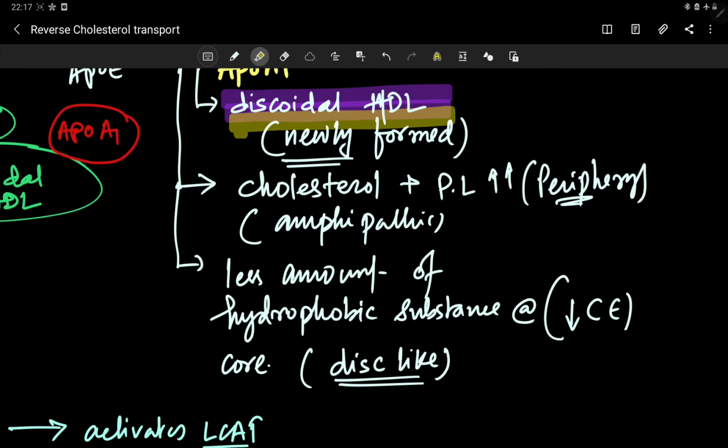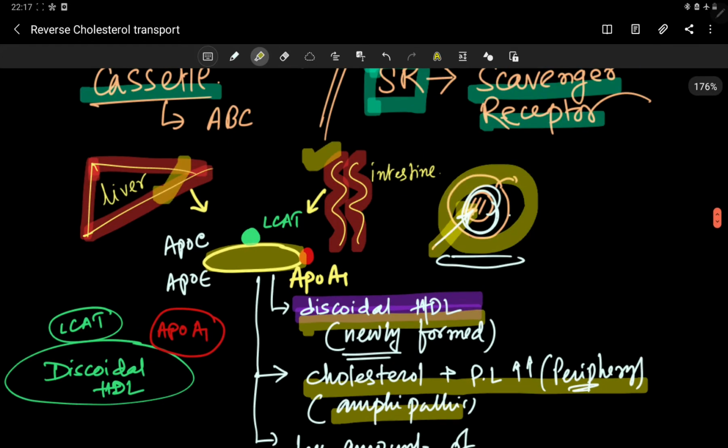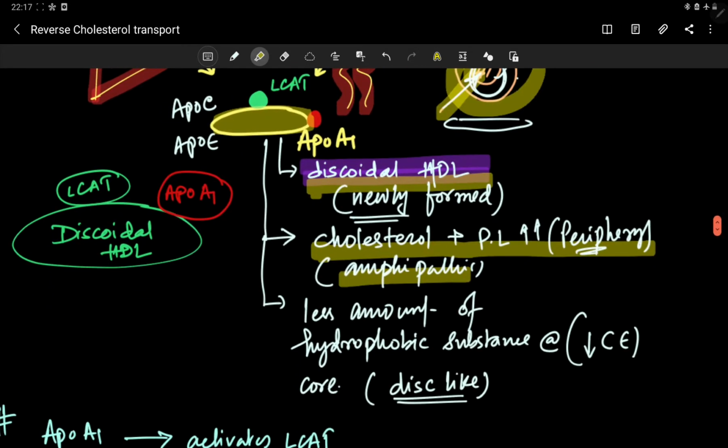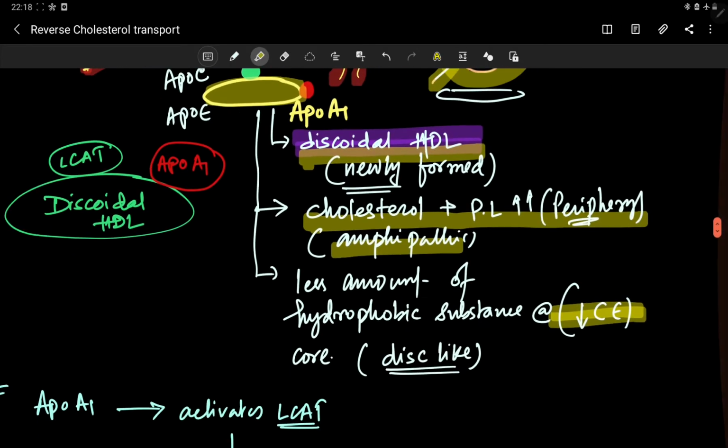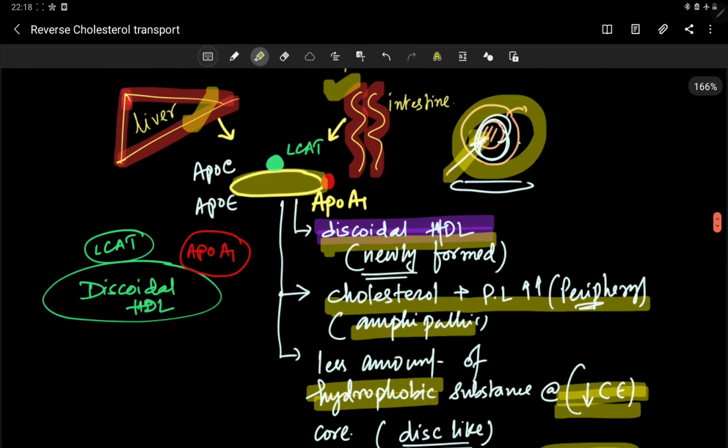So these things I already told, that the cholesterol and the phospholipid are towards the periphery, and the cholesterol ester, a hydrophobic substance, is towards the core. Since there is only a small amount of cholesterol ester, that's why it is disc like. Okay, so this is about your newly formed HDL.